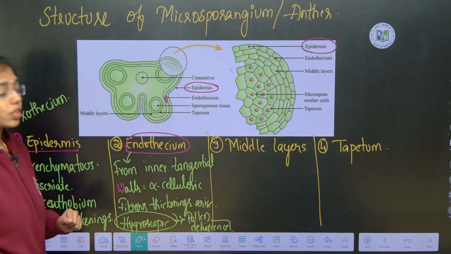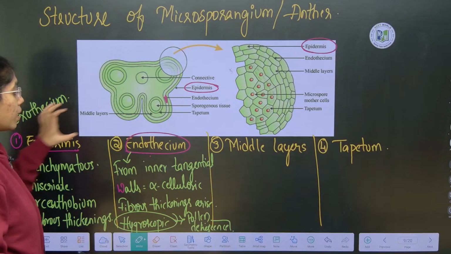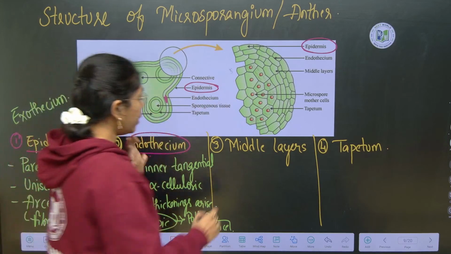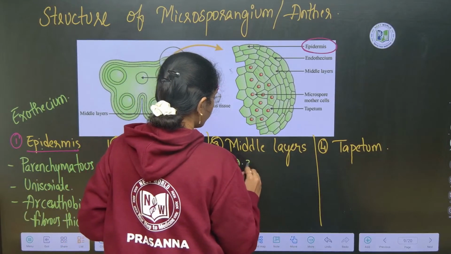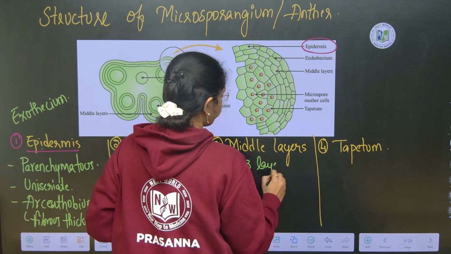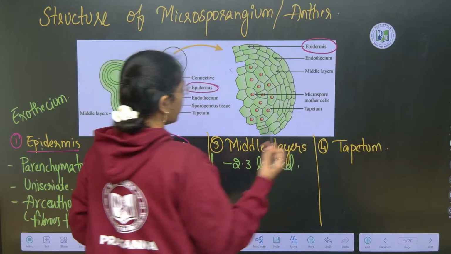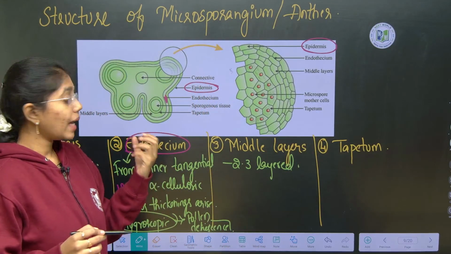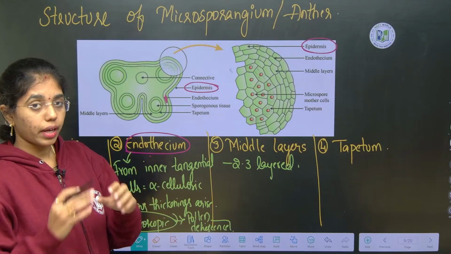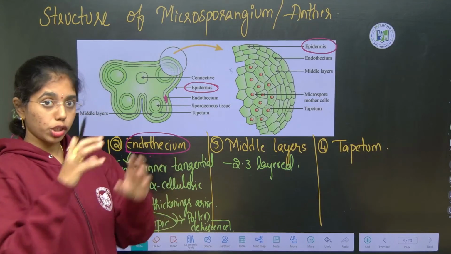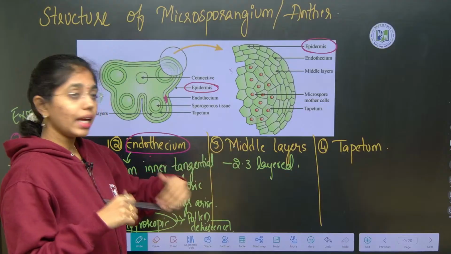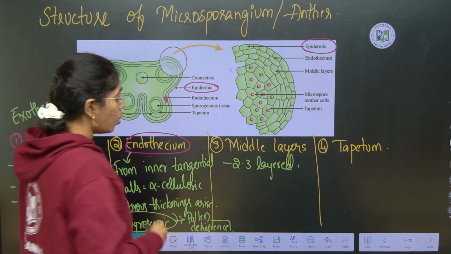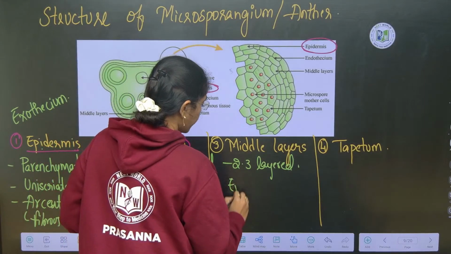Fine, right? Next is middle layers. Unlike epidermis and endothecium, middle layers are 2 to 3 layered. They are ephemeral, which means short lived. As microspores inside mature to pollen grains, the middle layers will degenerate and help in the pollen release.